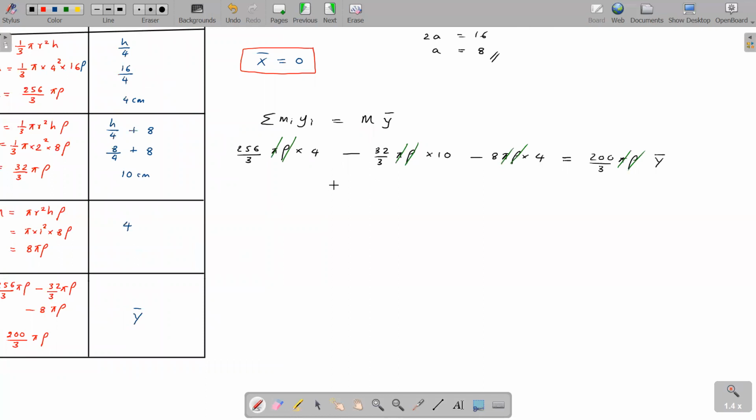So remove that and let's get the answer. 256 over 3 into 4 minus 32 over 3 into 10 minus 8 times 4 equals 200 over 3 into y bar. All right, guys. Now let's type everything in the calculator and get the answer.